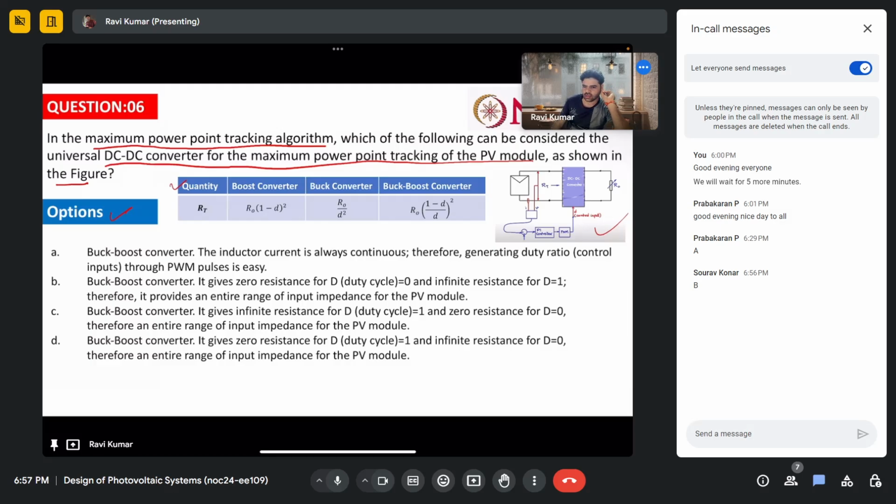RT is the resistance. Now just put the value of D as 1 and 0 and tell me A, B, C or D. You just need to check the value of RT at D equals to 0 and at D equals to 1.